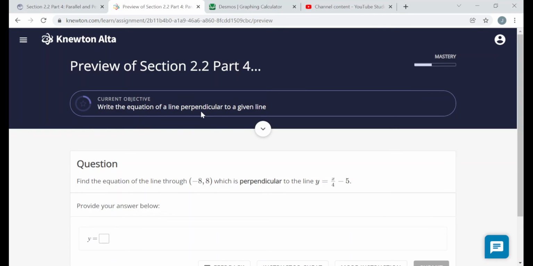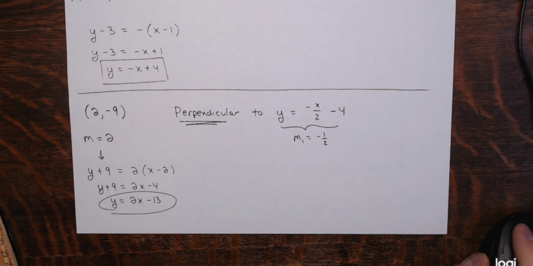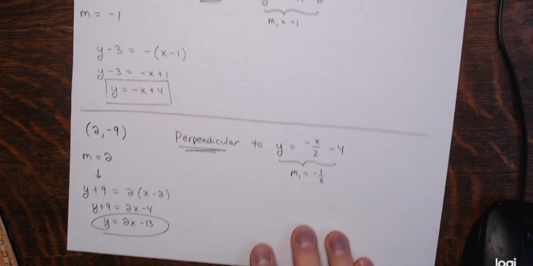Alright, and then the same objective. Find the equation of the line through the point (-8, 8) that is perpendicular to y equals x divided by 4 minus 5. So write that information out.